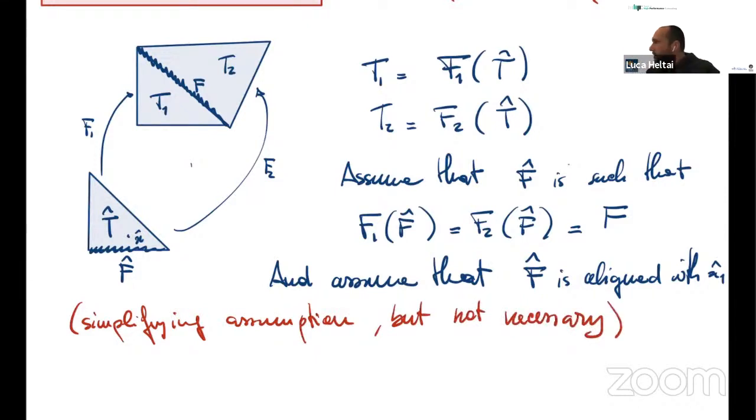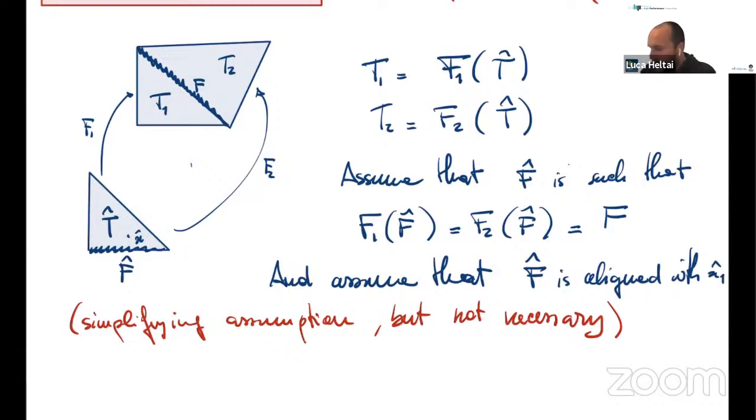It simply simplifies the way to write things. So you might have different faces aligned, different faces that are the ones actually transformed in there. But by rotations, you can always reduce to the case that I'm writing now. Okay, so there's always a possibility to write this in such a way that this is the case.